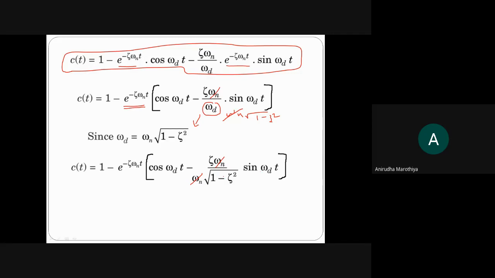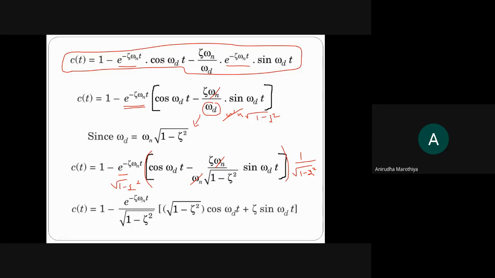If you take 1 upon under root 1 minus zeta square common from this entire term, what expression remains? Here we will have under root 1 minus zeta square, multiplied by cos, and here only zeta will remain; the 1 upon under root 1 minus zeta square has come outside. So if you take it common, you will get this as an output. I want you to please note down these steps very carefully.